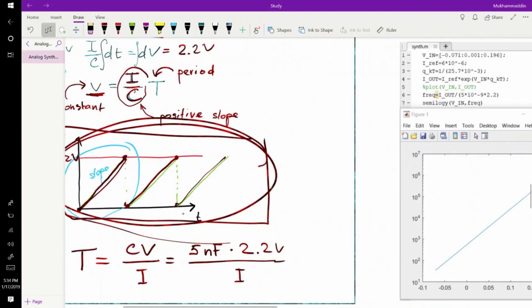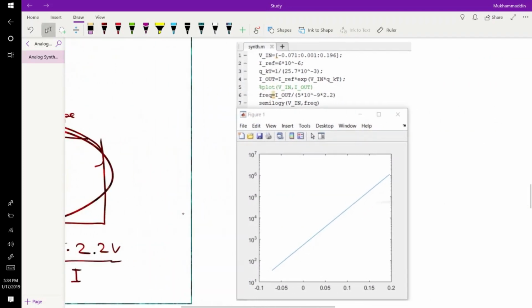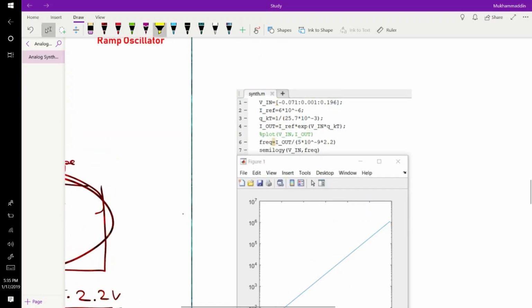And I think, yes, I actually plotted the input to output relationship of this waveform. This all should be familiar from previous code. We have I reference, we have V in, we have Q over KT, we have our current output, which is I2.